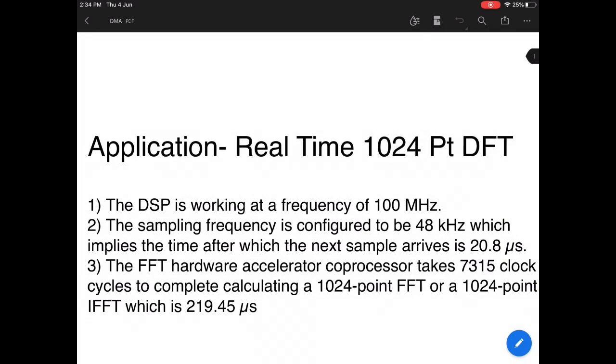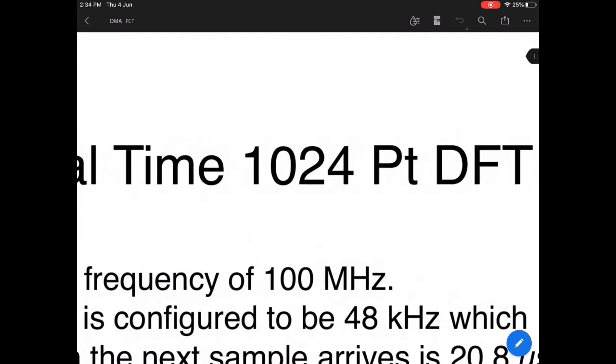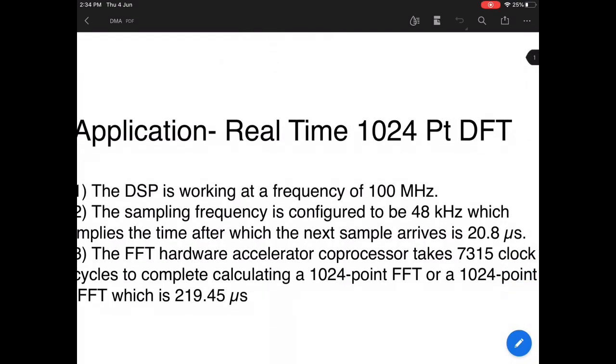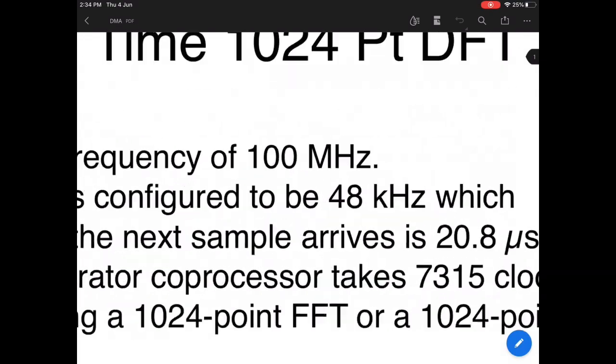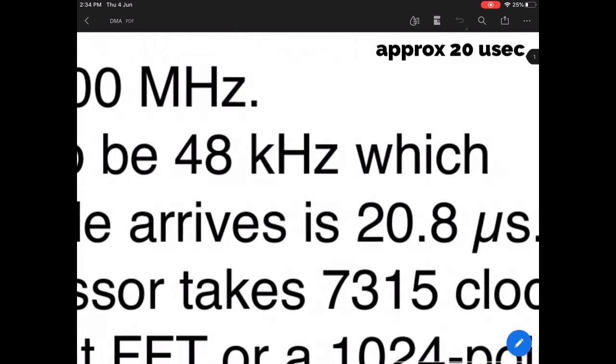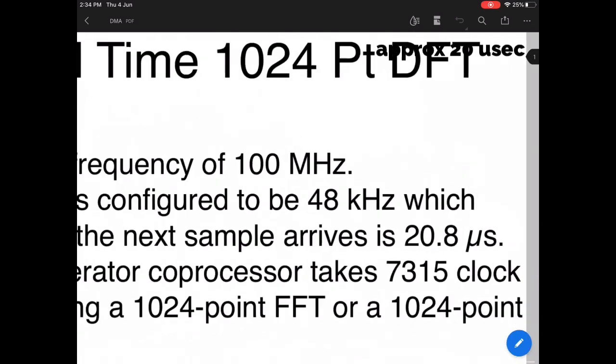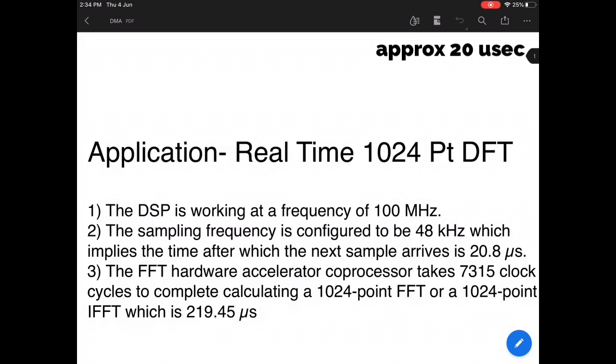Before we start discussing DMA, let us think of an application in which we want to do signal spectrum analysis. Our specifications are that we will do a 1024-point DFT using the FFT algorithm. Our input sampling rate is 48 kilohertz, which means that after every 20.8 microseconds a new sample is coming.